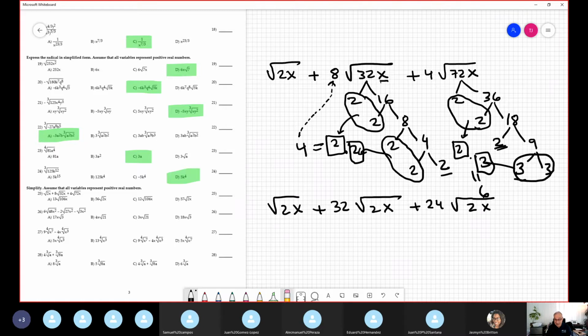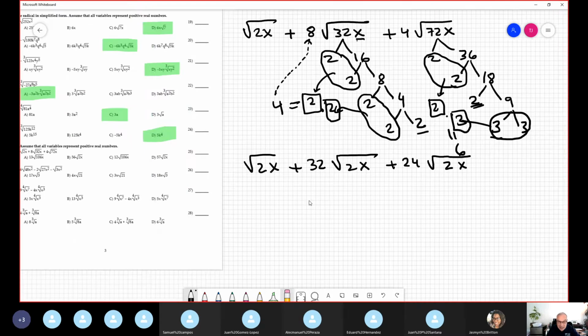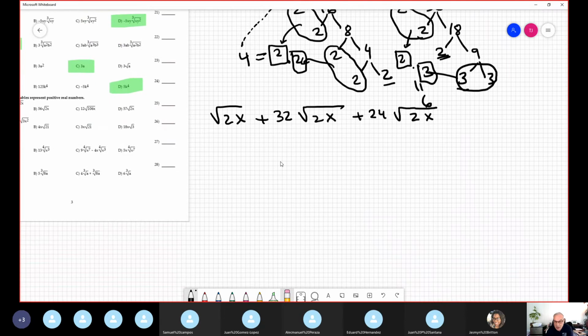Okay, in this case, I can see that they are like terms because they have the same radical. So if it is the same radical, then you're adding 24 plus 32, which is 56, right? But don't forget that we have 1 here, no?